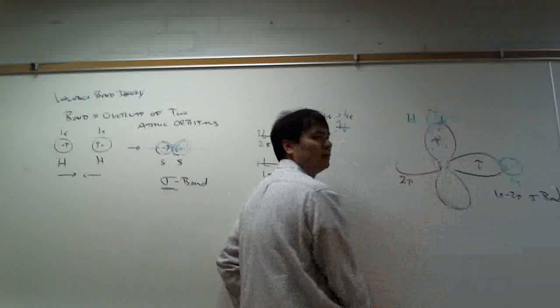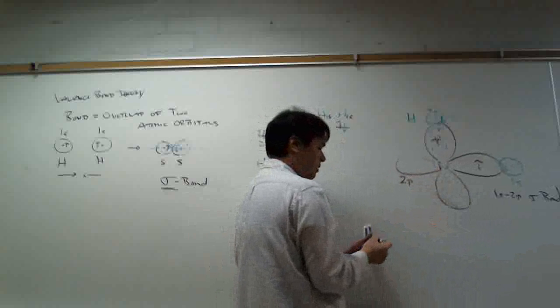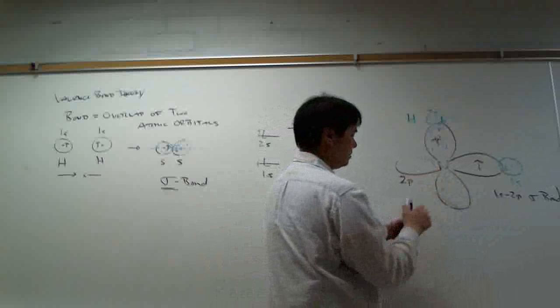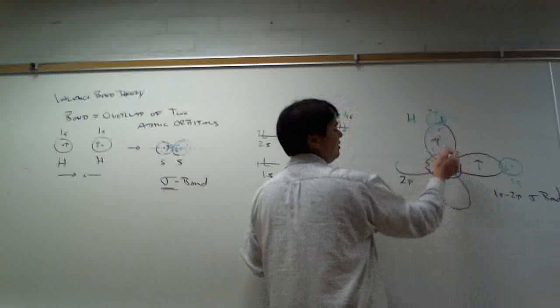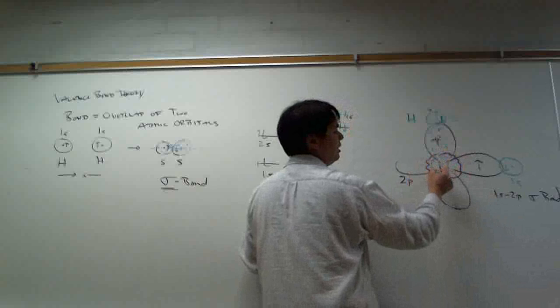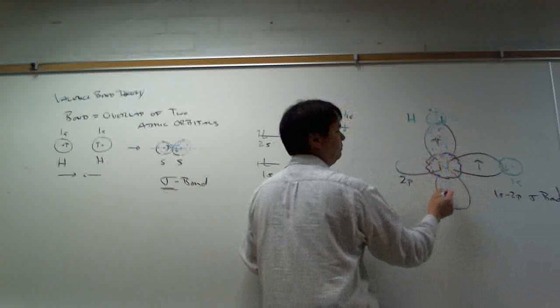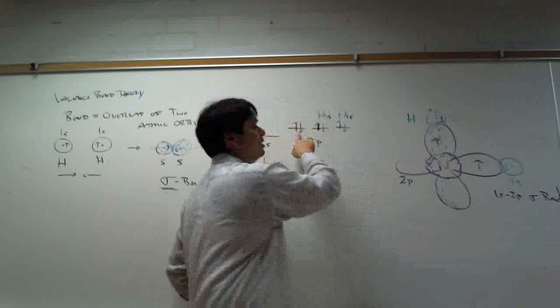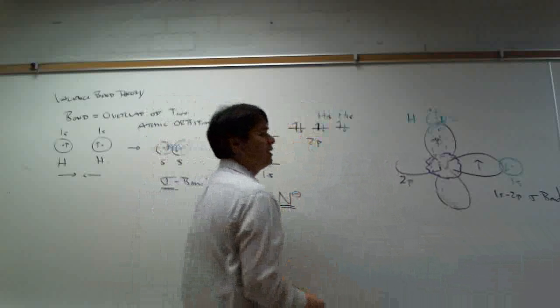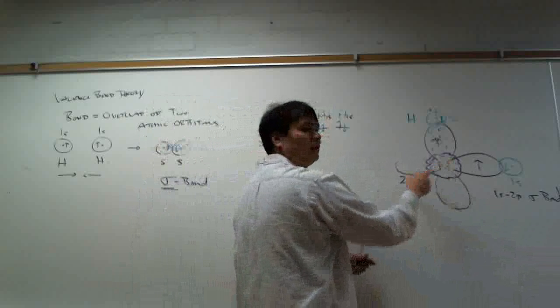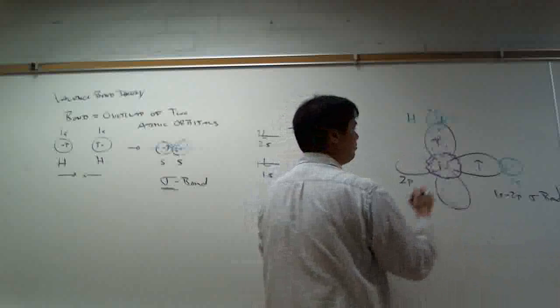Where's my pz? The pz is coming out. We'll do a different color here. The pz sticks out, so one lobe sticks out above and one lobe sticks in below, right? And that's going to have not just one electron, it's going to have 2 electrons. And so can a hydrogen come in here and link to the purple? No, because the orbital's already filled.